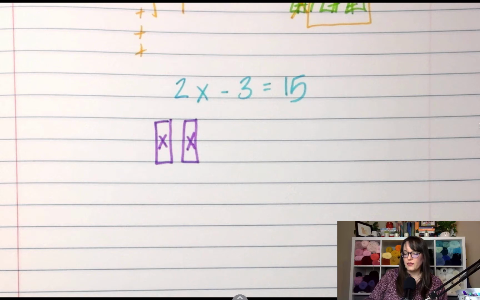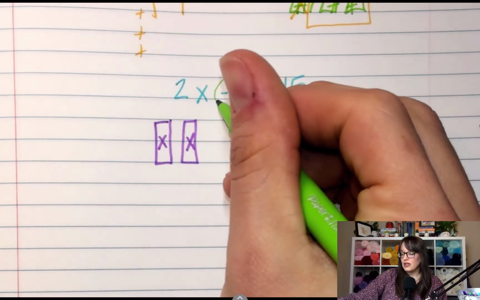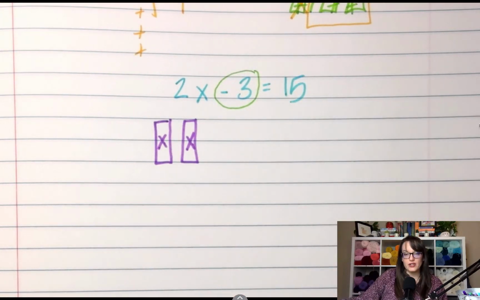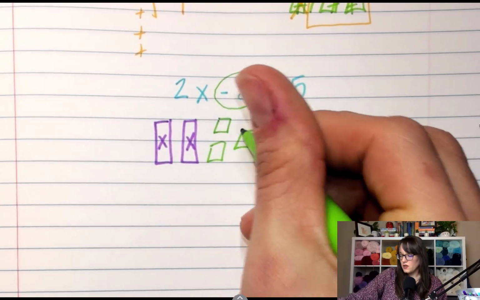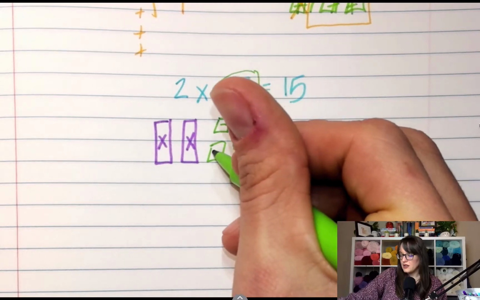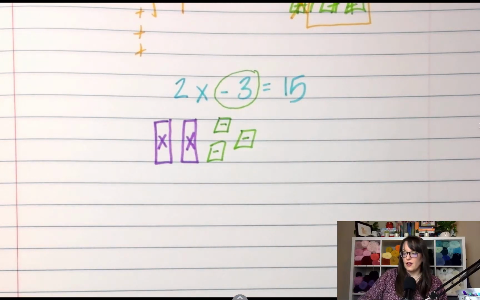Is that a positive 3 or a negative 3? It is a negative 3 because that 3 has a subtraction sign in front of it, or a negative sign. So I'm going to do 1, 2, 3, and I'm going to put negative signs in those. All right, and then this equals how much? 15.